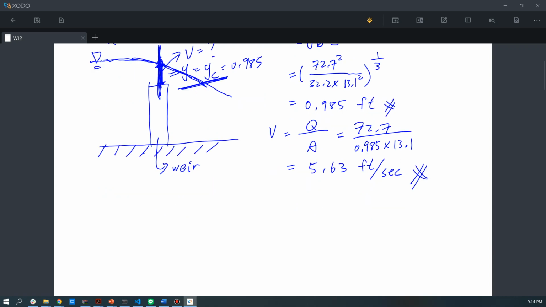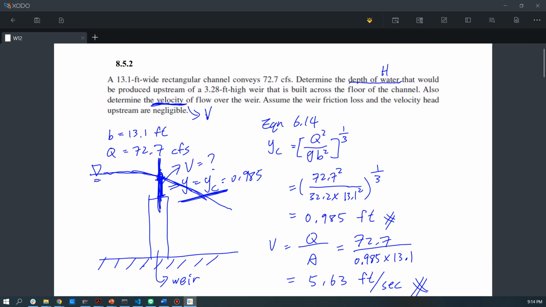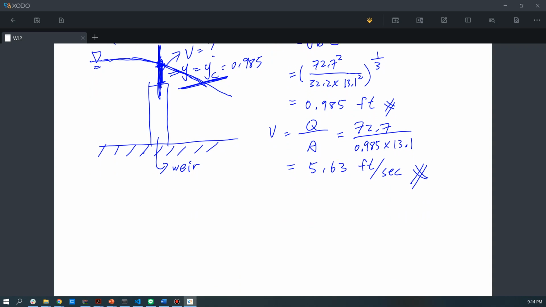Okay, so to calculate the depth of water that will be produced upstream of the 3.28 feet high weir, we will apply the energy balance equation.